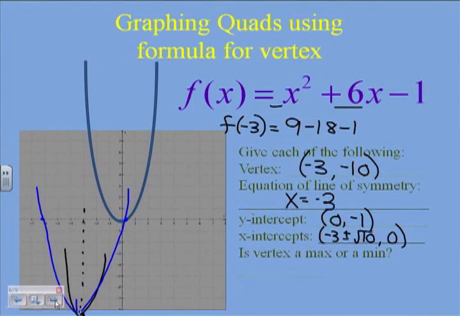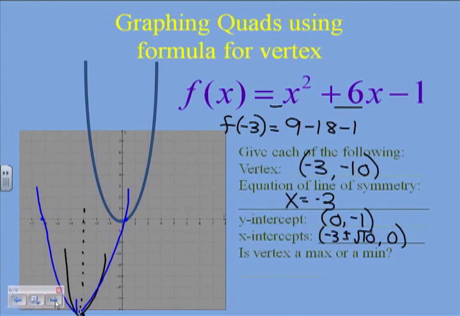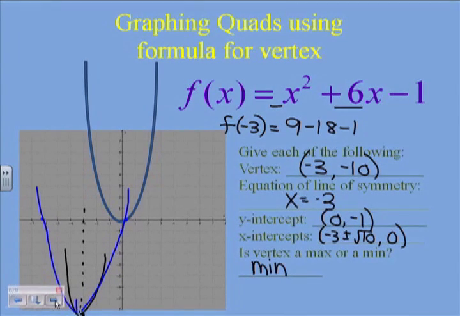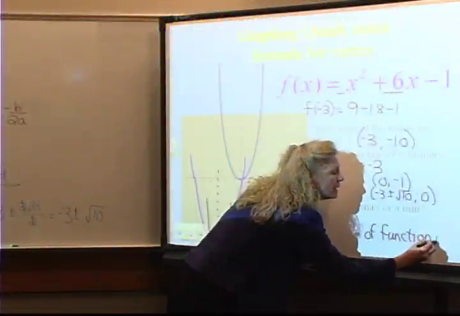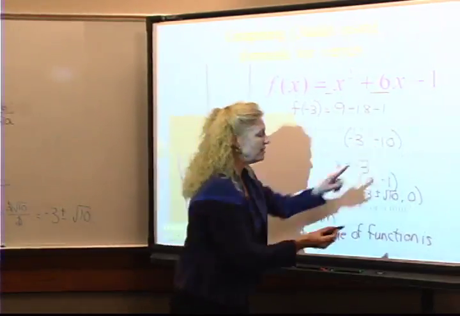Now, is this particular vertex a maximum or a minimum value? Well, that would be a minimum. And as it turns out, my absolute minimum value of the function, and you ought to jot this down just to make sure you have it, is right here, -10.